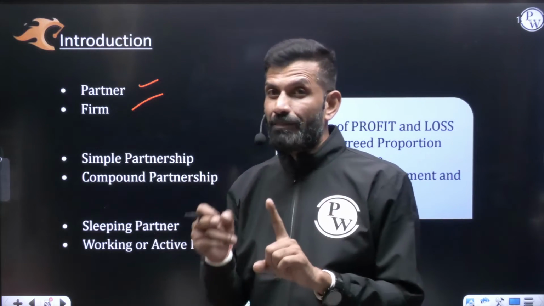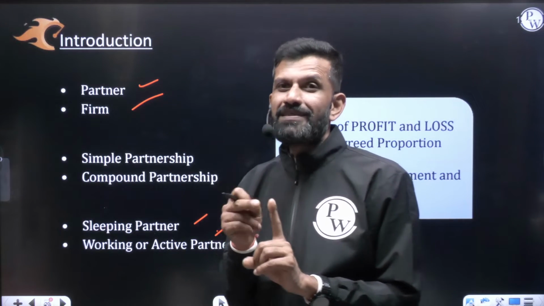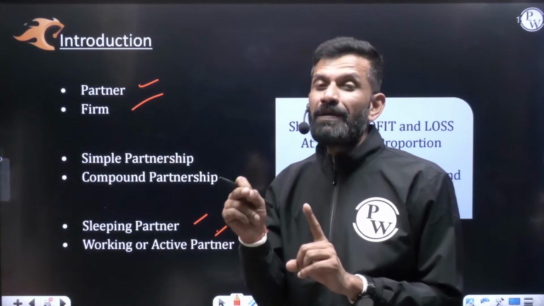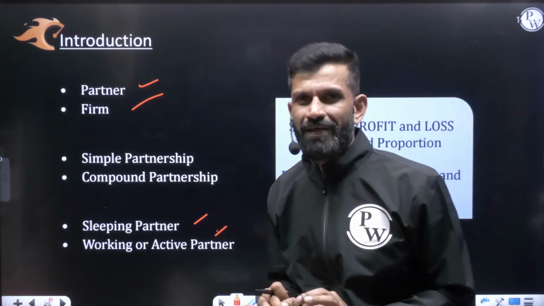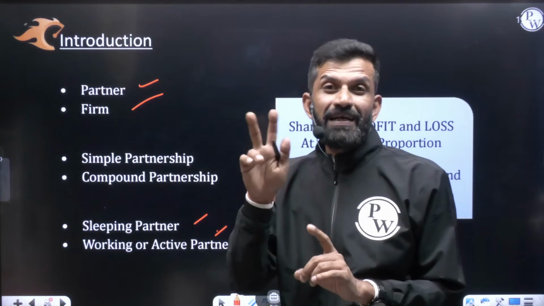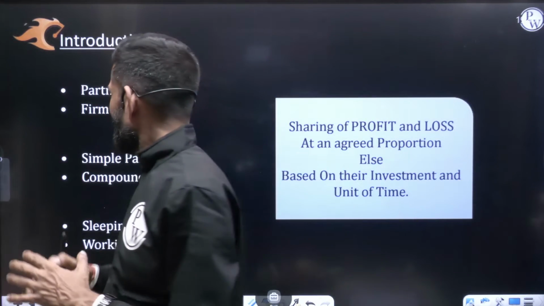So the active partner will be getting the salary, that is some part of the profit. It can be in percentage or else some fixed amount, and the sleeping partners will be getting only their investment portion as profit. Investment, how much they have done, according to that only profit, but the active partner will get both salary as well as profit based on investment. So anyhow, this part is clear to you.